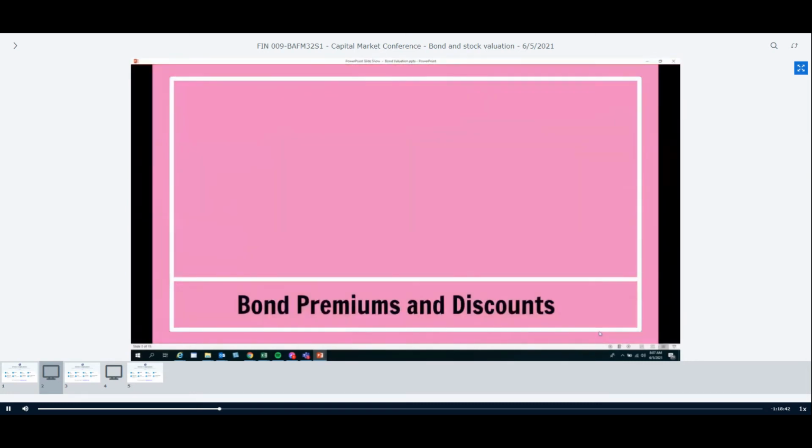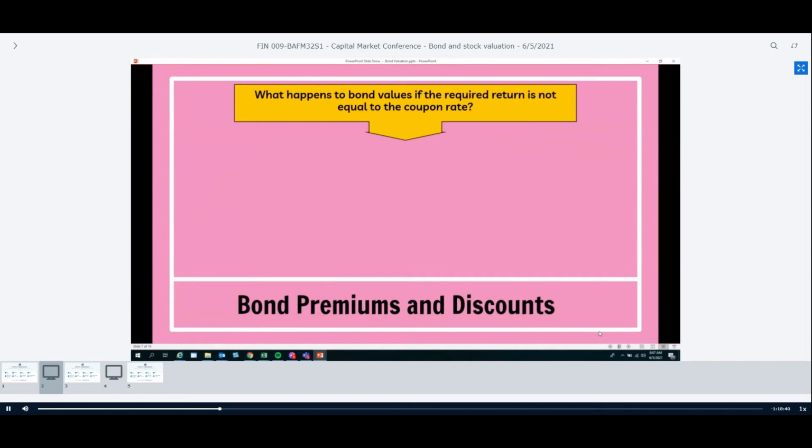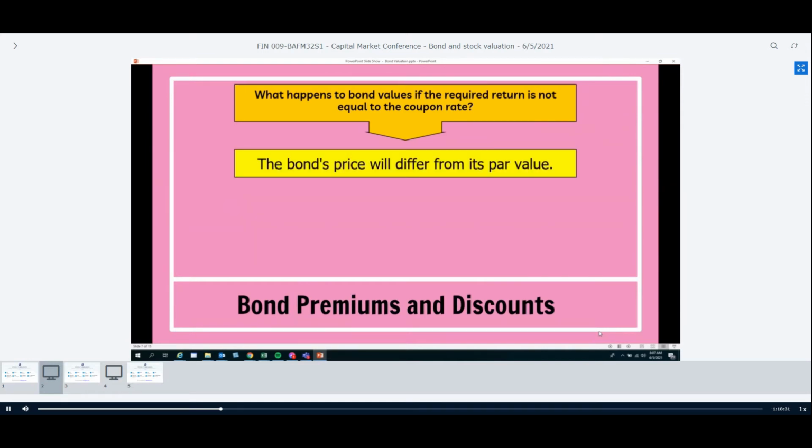So, ito na nga, bond premiums and discount. So, what happens to bond values if the required return is not equal to the coupon rate? So, the bond's price will differ from its par value. Again, par value is the face value, no? So, in this case, yung 1,000 kanina, no?